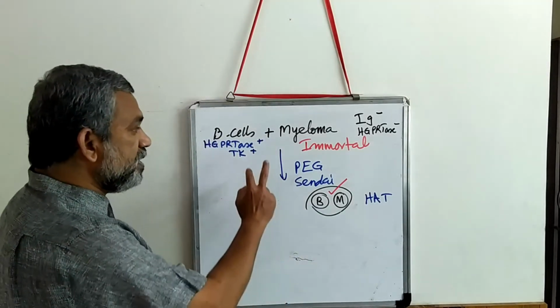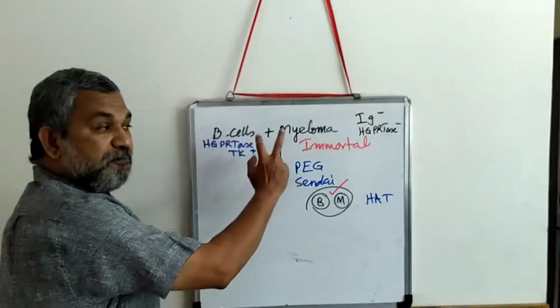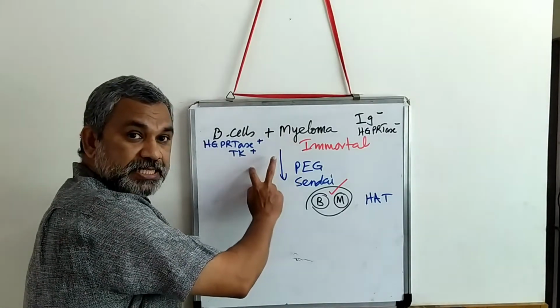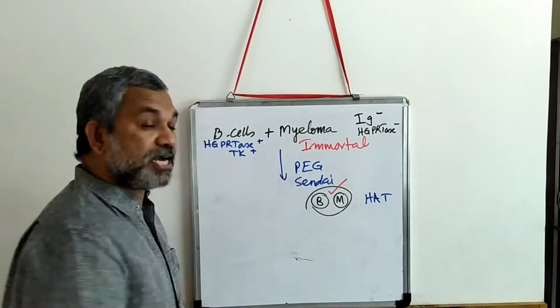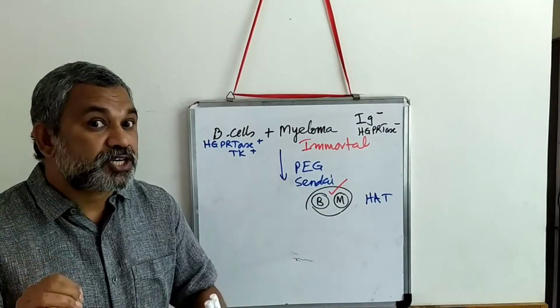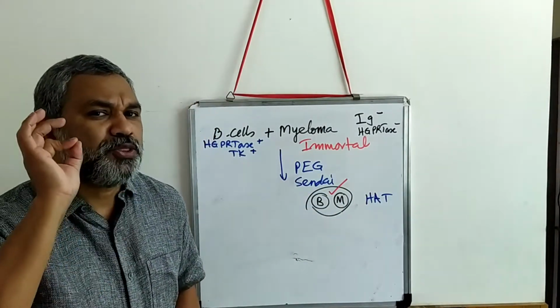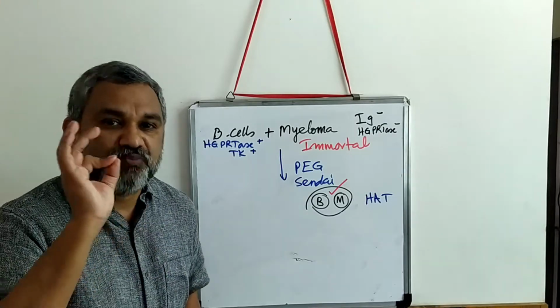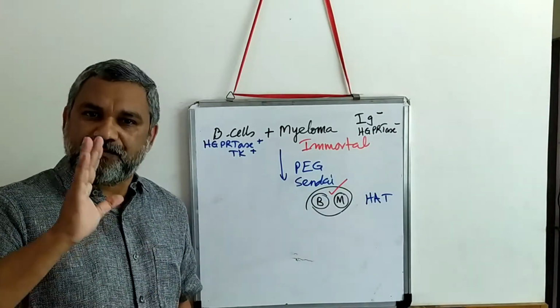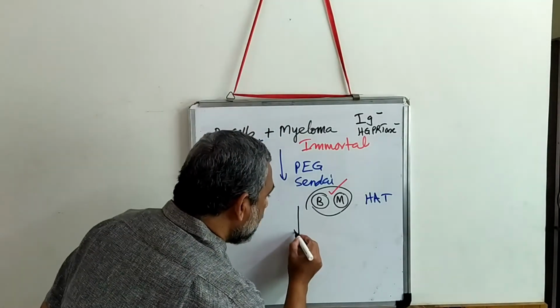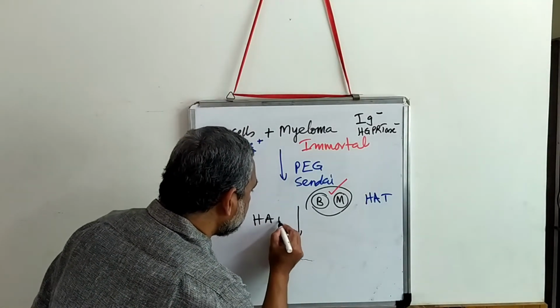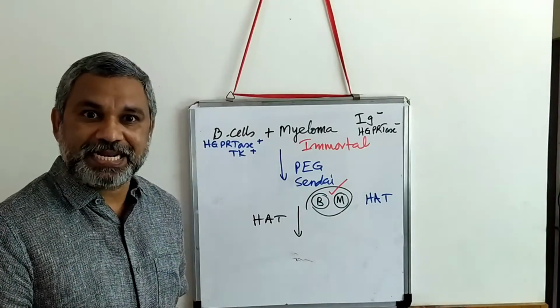So far, what we have done is we have primed the cells, fused them with the myeloma cells, and produced the heterokaryons. From the heterokaryons, we want only those which will produce antibodies of our interest. Now the HAT selection is carried out.